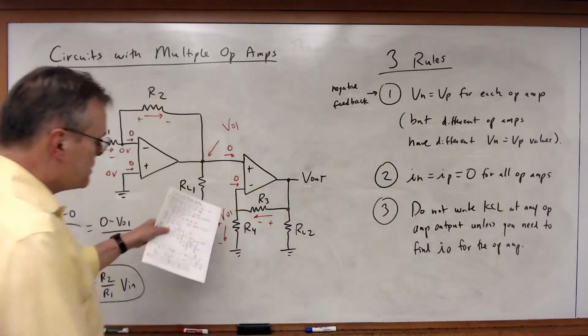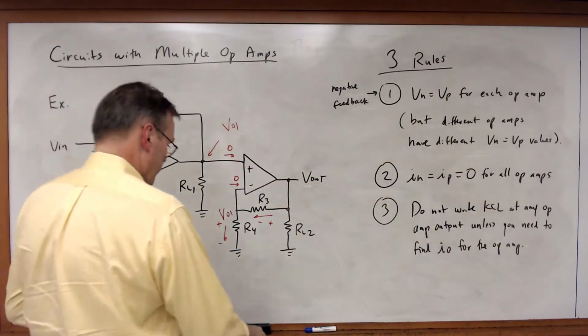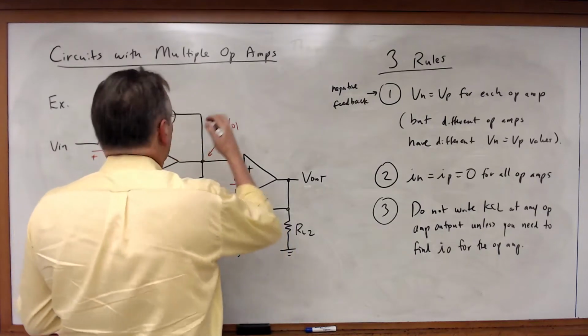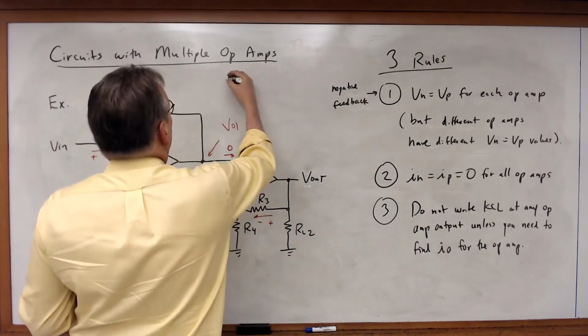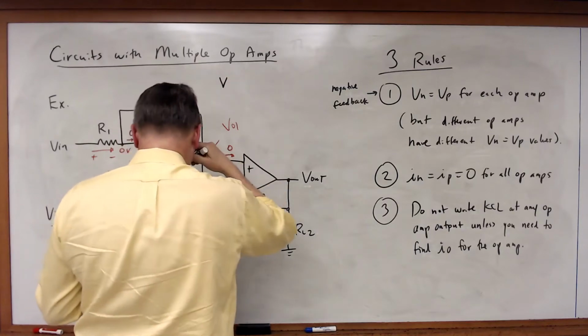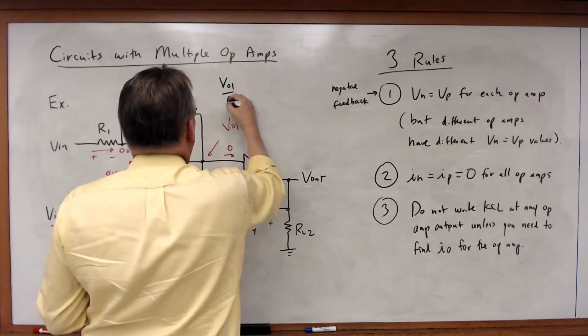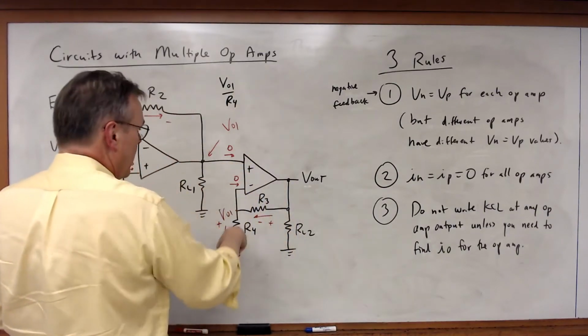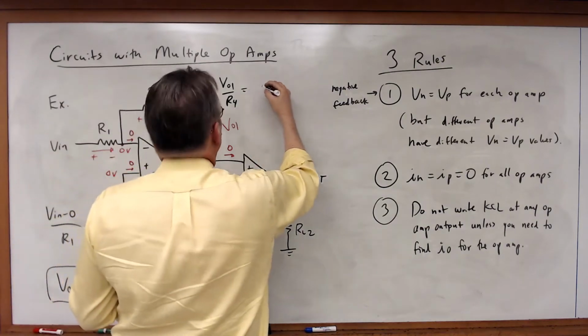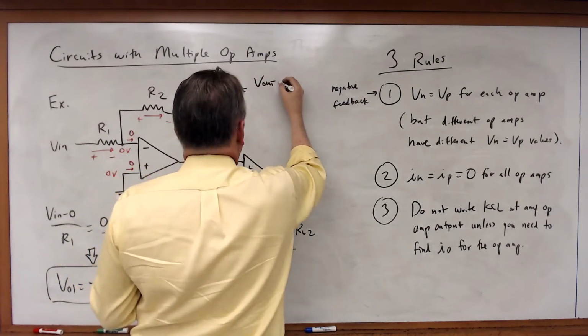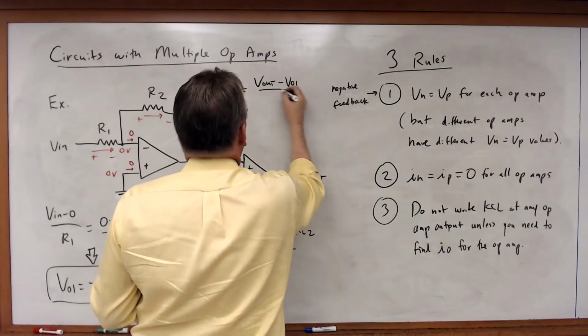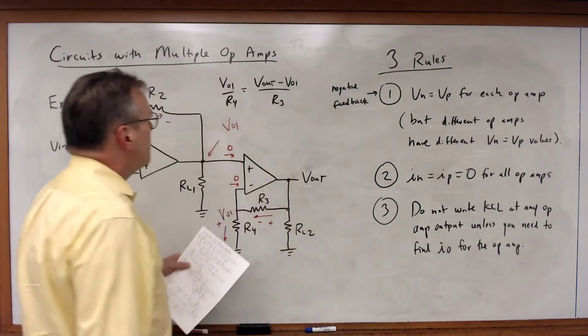Now let's write the KCL equation for this node. So for that one, VO1 over R4 flowing out must be equal to Vout minus VO1 over R3.